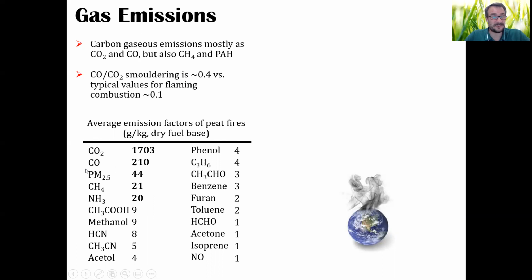It has a significant amount of particle matter, that's the one that we worry about the most. It has a lot of methane, which is a hydrocarbon. It has a lot of ammonia, and then it has a very long list of other complex molecules, without end, down to even NO.